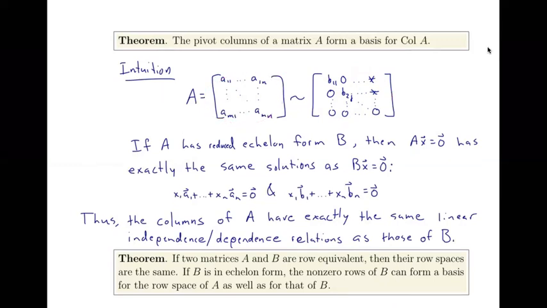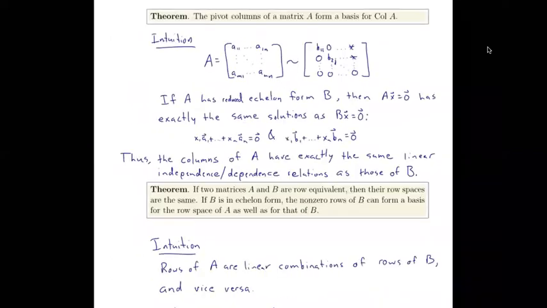Well, remember, linear independence is really just concerning ourselves with the homogeneous equations, AX equals 0 and BX equals 0. Well, remember that row equivalent matrices have equivalent solutions to these homogeneous equations or to any equations.